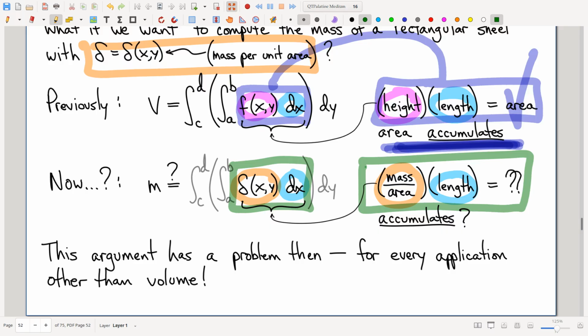This is not a good plan, right? So I'm going to call this a fail. This is, at best, a very inefficient way to approach generalizing the volume argument. Everybody see my gripe on that?